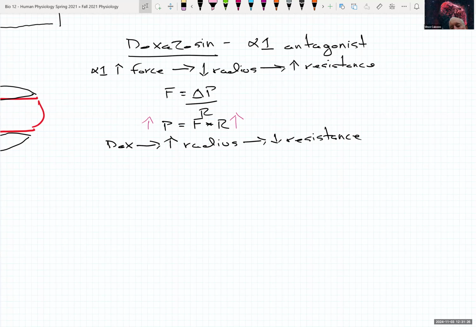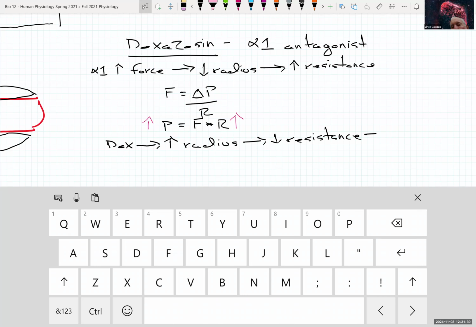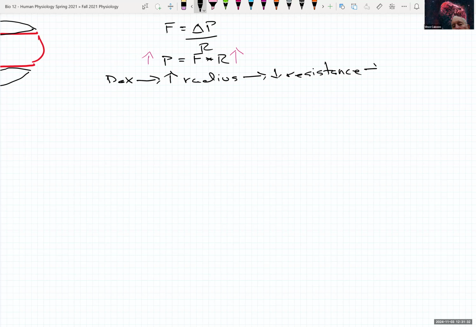And according to this version of Ohm's law, by decreasing the resistance, we will also decrease pressure.